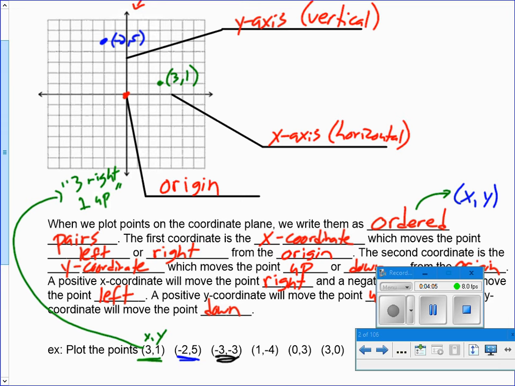The second negative 3 moves us down 3. And the last one we have is (1, -4). The x-coordinate is positive 1, so positive means 1 to the right. The y-coordinate is negative 4, so down 4.